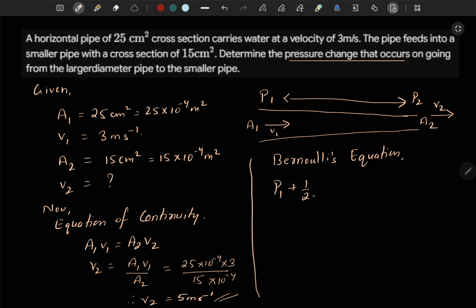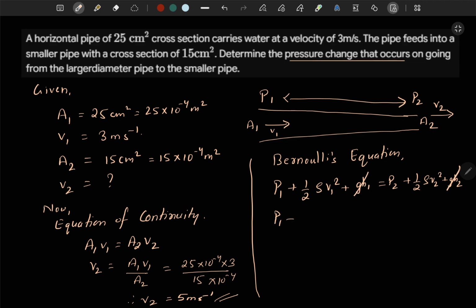P1 plus 1 by 2 rho V1 square plus g h1 is equal to P2 plus half rho V2 square plus g h2. As the pipe seems to be at similar height, h1 and h2 are equal, so they are cancelled.